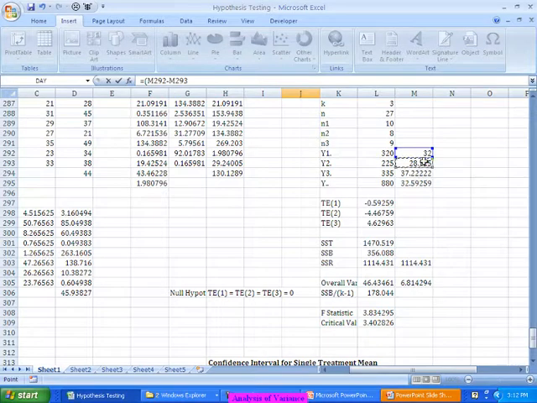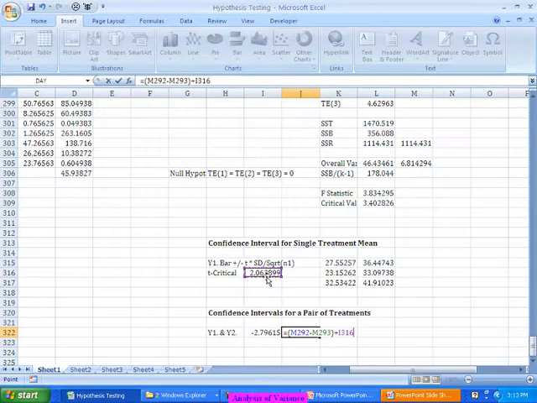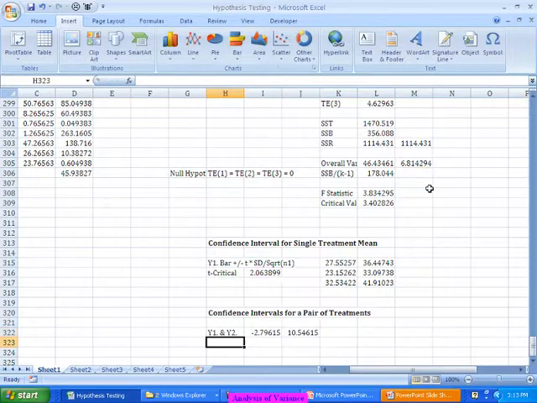Whereas the upper limit is this plus 2.06 times sigma times square root of 1 by 10 plus 1 by 8. So the 95% confidence interval for the difference between y1 bar and y2 bar is somewhere between minus 2.79 to plus 10.54.